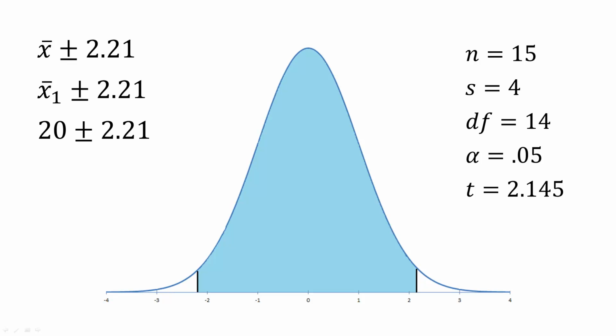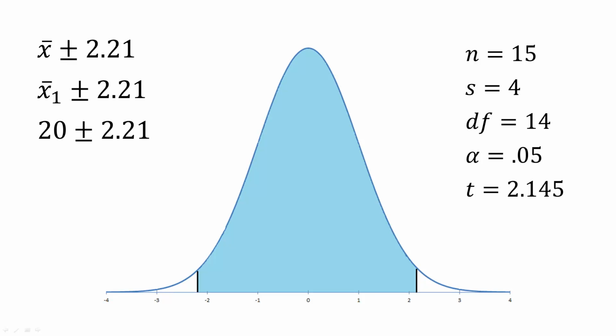Now remind yourself, if we were using a standard normal curve and not the t curve or the t distribution, at an alpha level of 0.05, where would those black bars be? Well, that would be at 1.96 standard deviations above and below the mean.